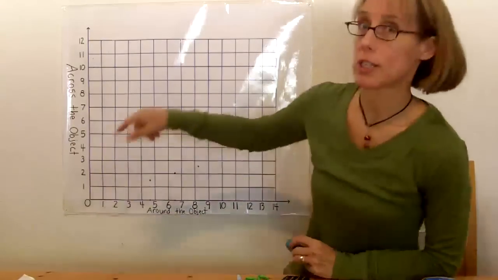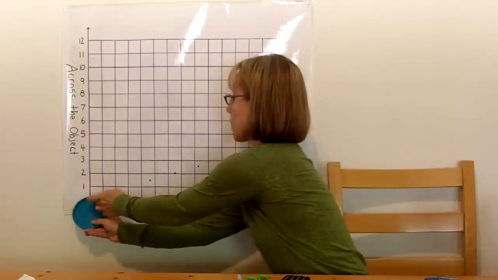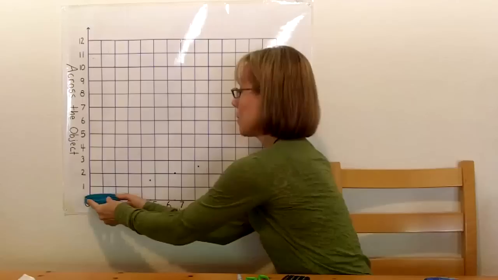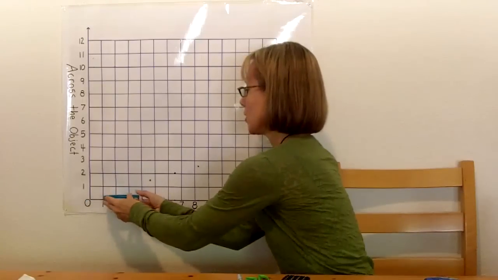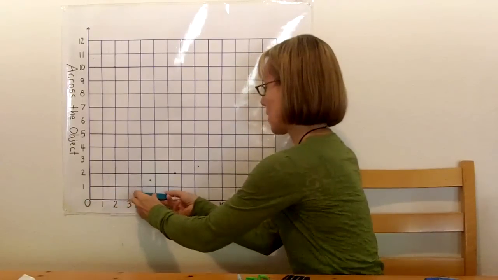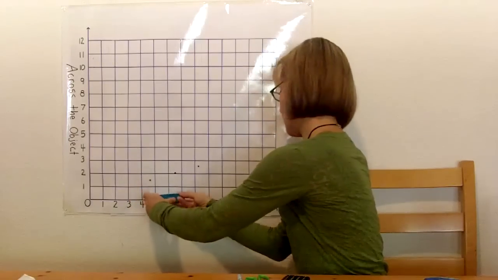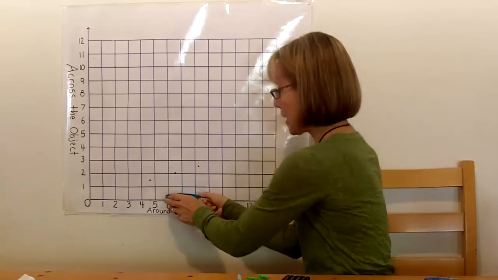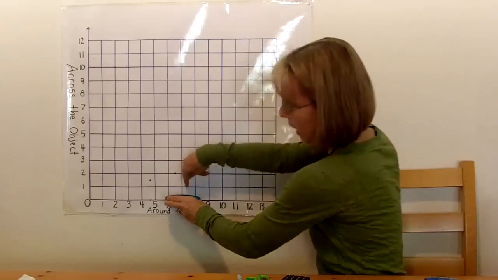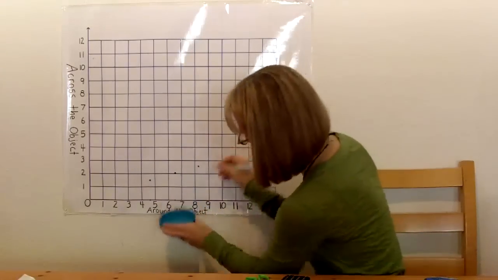It's where it starts. So I'm going to put mine very carefully on the origin, and then I'm going to do the very best job that I can to rotate this right around. Okay, so I've got that right here, and right where that mark ends up on the line, I'm going to mark it.